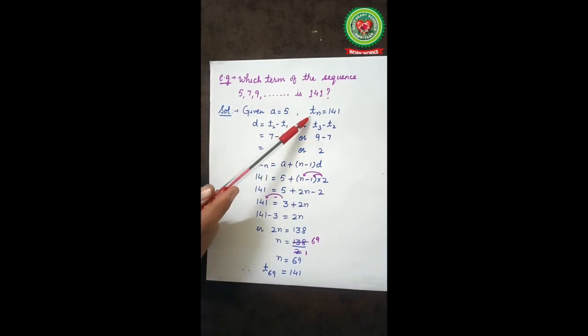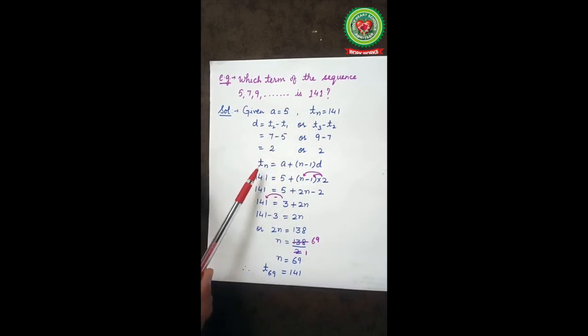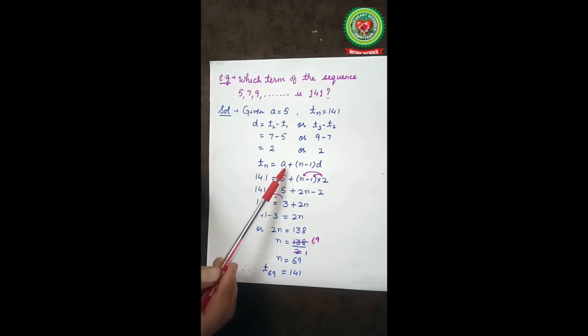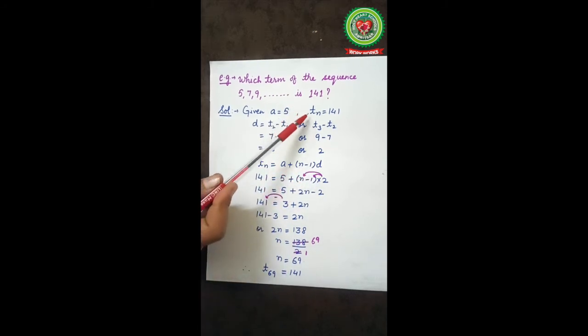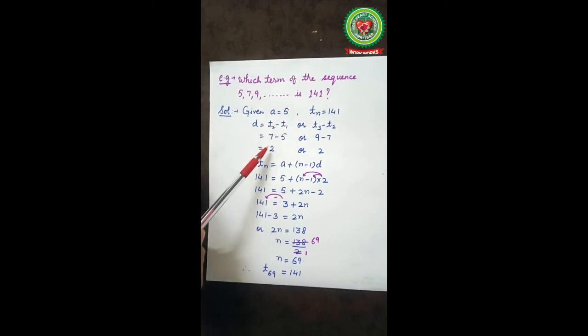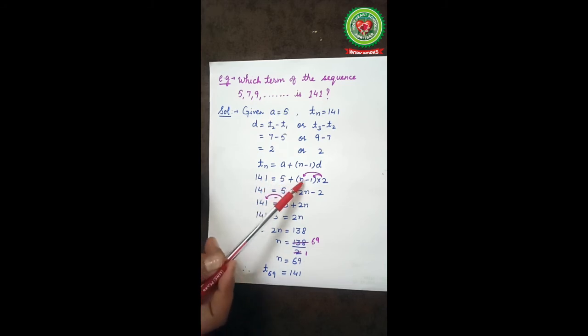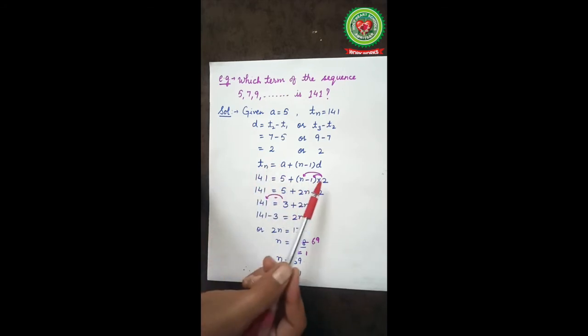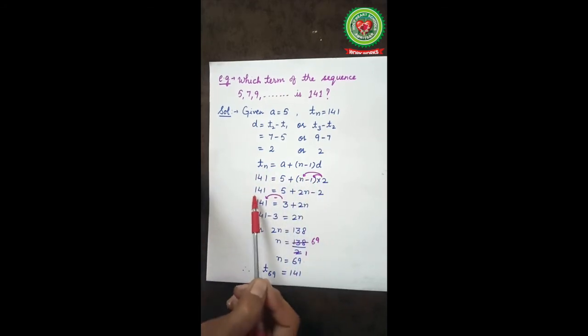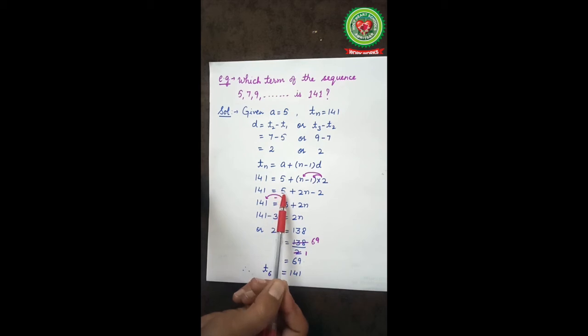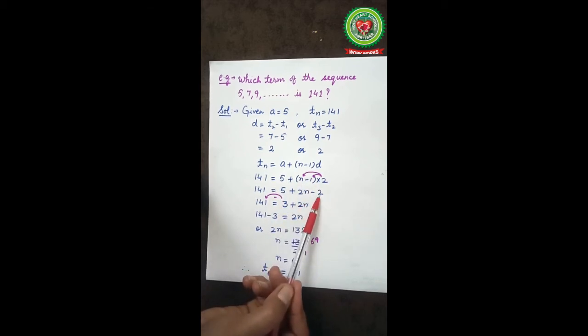Again, here Tn is given. So apply the formula for Tn, that is a plus (n minus 1)d. Put the value of Tn, a and d. We get 141 is equal to 5 plus (n minus 1) multiplied by 2. On applying the arrow method here, we will get 141 is equal to 5 plus 2n minus 2.